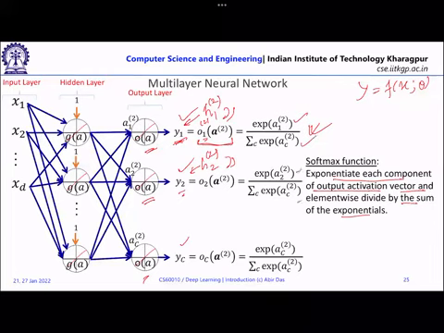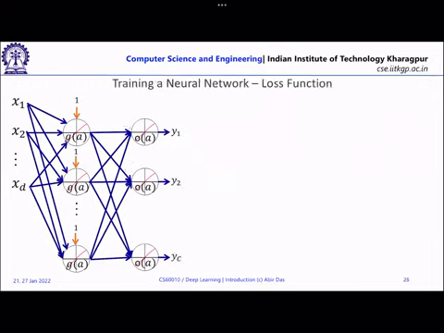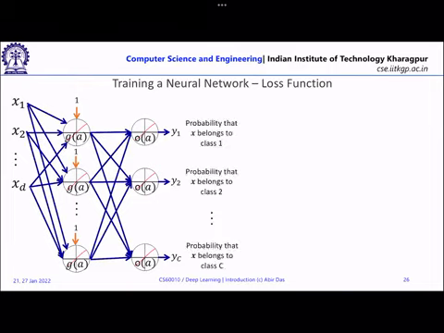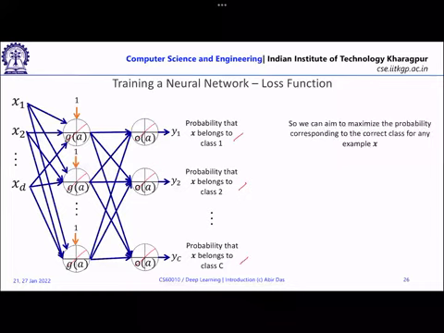Now notice carefully, these are all between 0 and 1, positive, and the sum is 1. So you can take them as probabilities, as we said earlier. This is the probability that X belongs to class 1, X belongs to class 2, and so on.